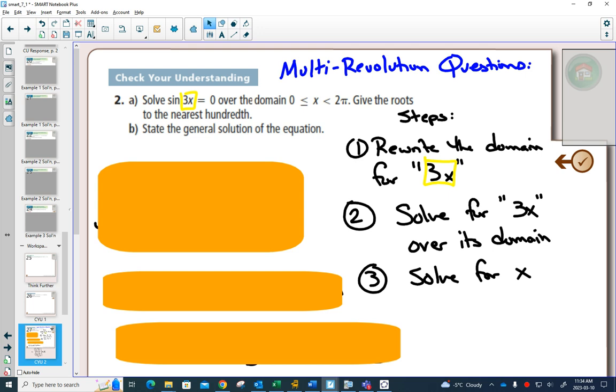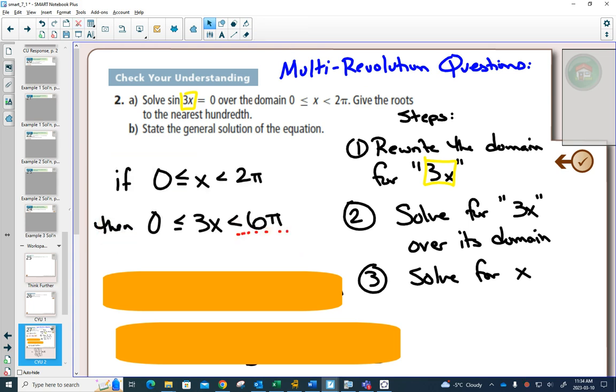Well, the same thing is done here. We know that x is between 0 and 2 pi. Does it make sense that 3x would be between 0 and 6 pi? Because we just multiplied it by 3.